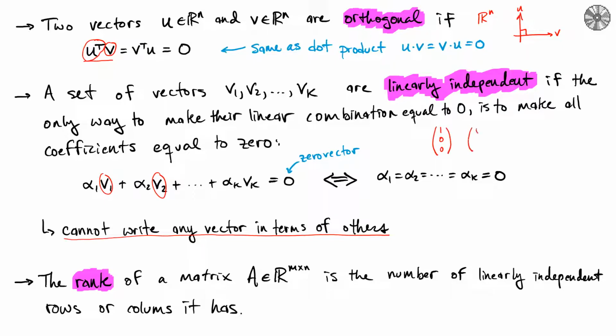So if we have these three vectors, these are fundamentally different because there's no way I can write one of them in terms of the others. There's no combination of adding numbers here, alpha and beta, that allow me to write this vector in terms of these others.